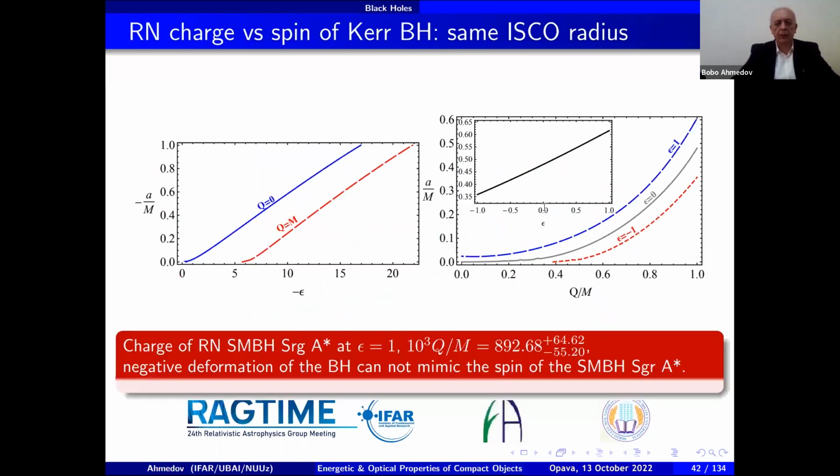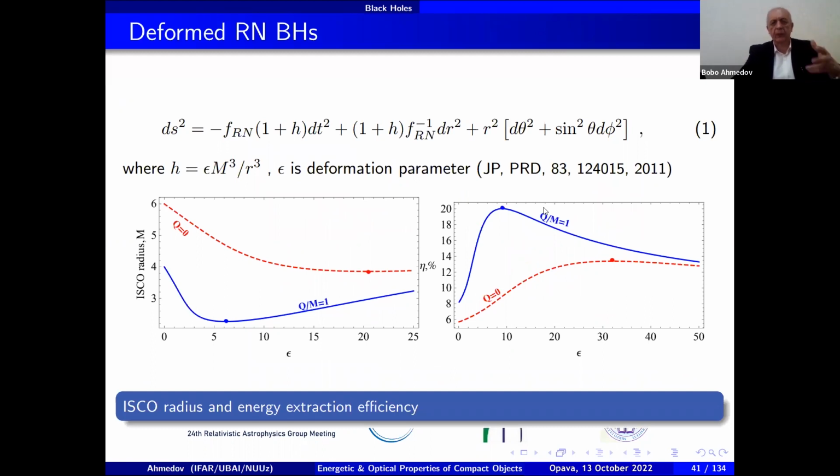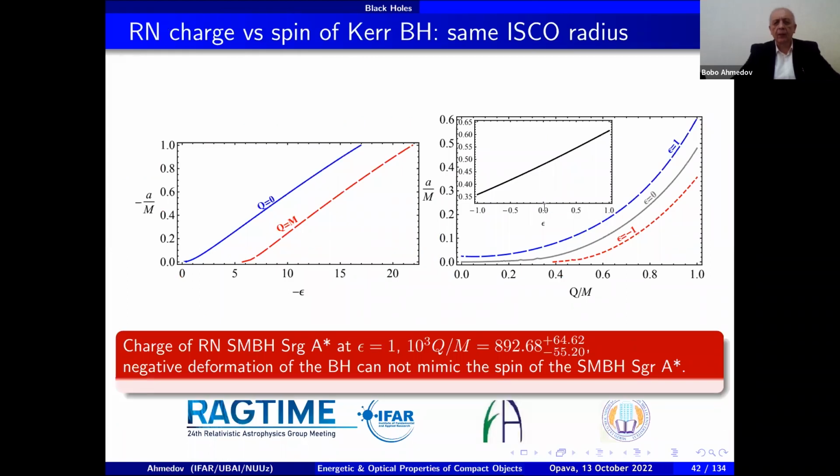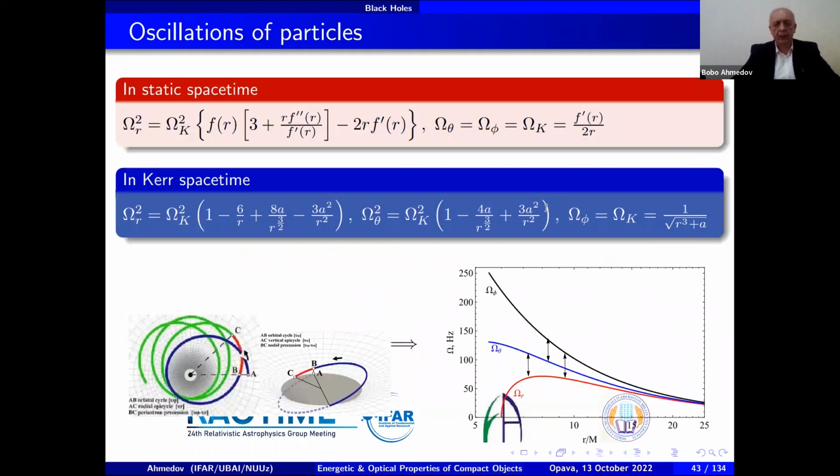So then we apply this to the Johannsen-Psaltis solution. So we show that for the alternative gravity, this mimicry by the electric charge can be very important depending on the mode.